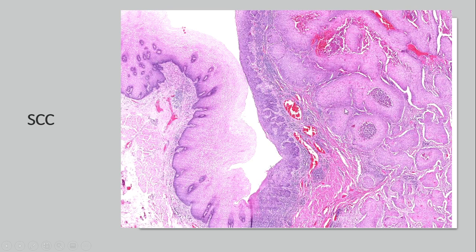Nests of invasive malignant squamous cell epithelium invade downward into deep muscles with areas of bleeding and necrosis and high cellular proliferation. These are areas of central necrosis within the rapidly proliferating squamous cell carcinoma nests.